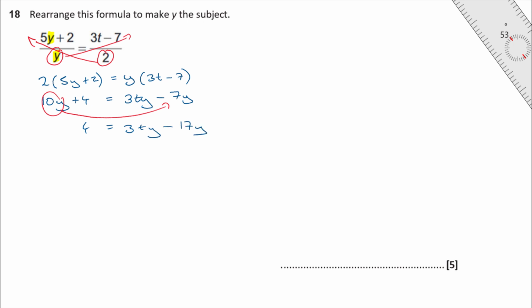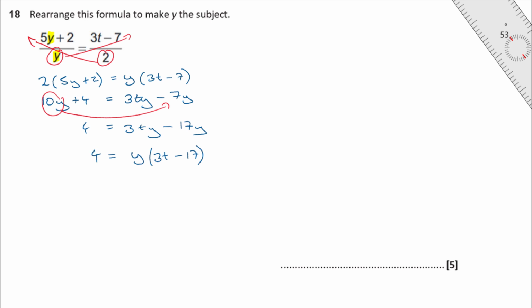Now, like I said before, because we've got y in more than one place and it's got things multiplied by it, the trick now is to factorize it out of the 2 terms to get y by itself. So if I factorize y out of 3ty minus 17y, I'm going to get 3t minus 17 inside the bracket like that, and that's going to be equal to 4.